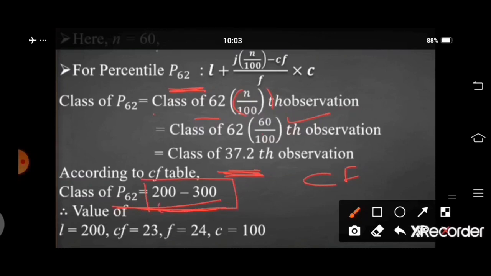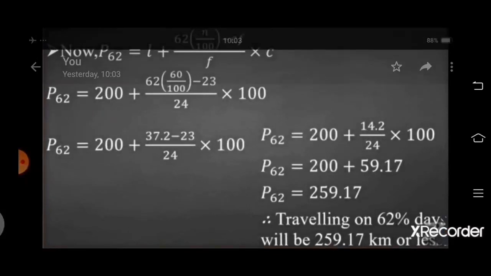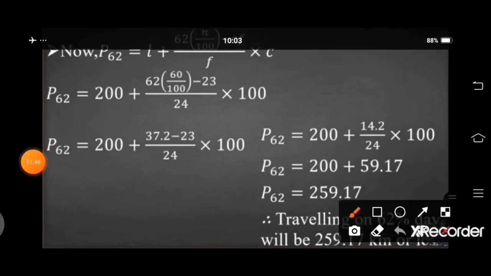In this, L equal to 200. CF means the previous class cumulative frequency in the CF table. We will get CF equal to 23, F equal to 24. Class length would be 100. Then we put in the formula: P62 equal to L plus (62n upon 100 minus CF) upon F into C. We put all values in the formula, then find the answer.